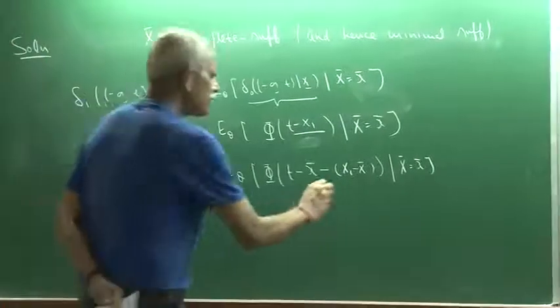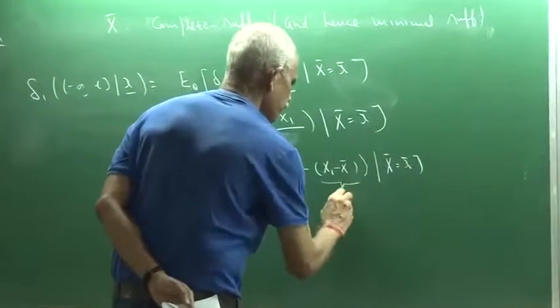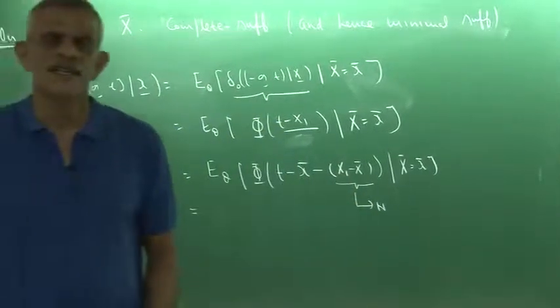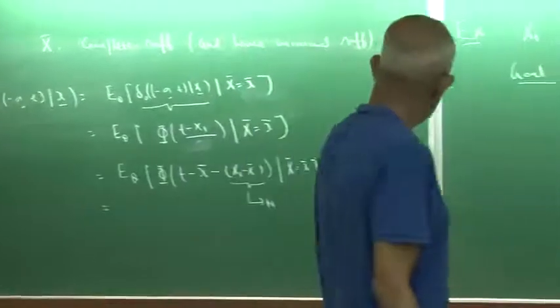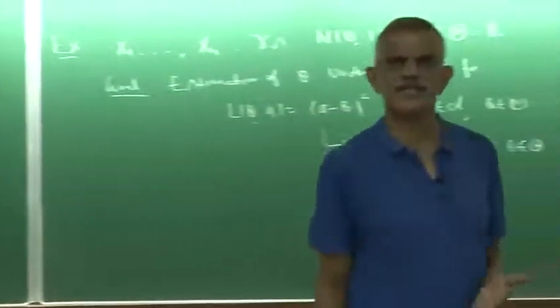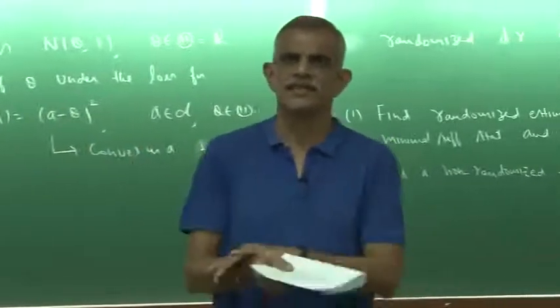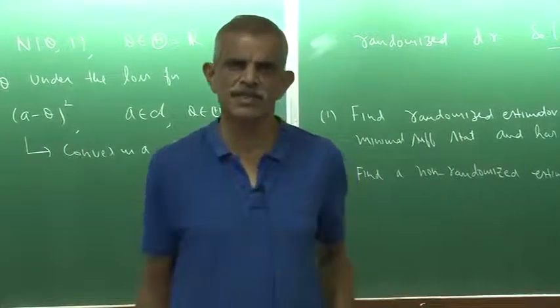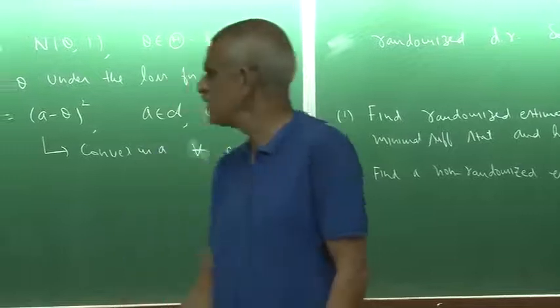Let us try to see what is the distribution of x1 minus x bar. x1 minus x bar is a linear combination of independent xi's, because x bar is 1 upon n summation xi, and then x1 minus that would be the same as summation ci xi for some ci's.